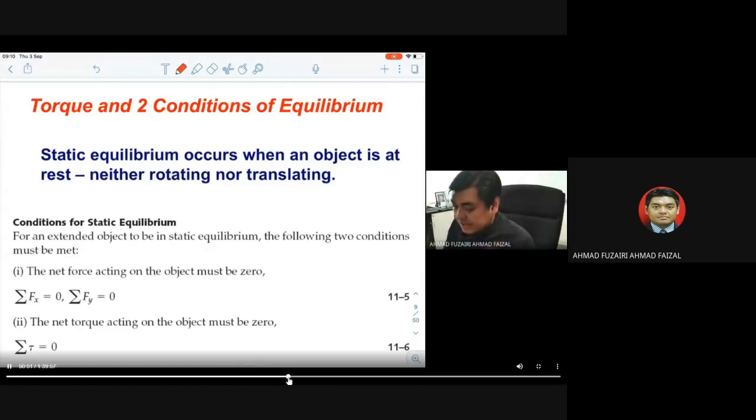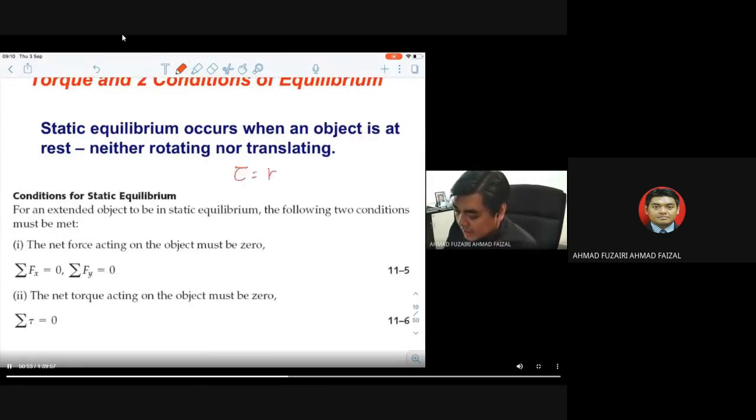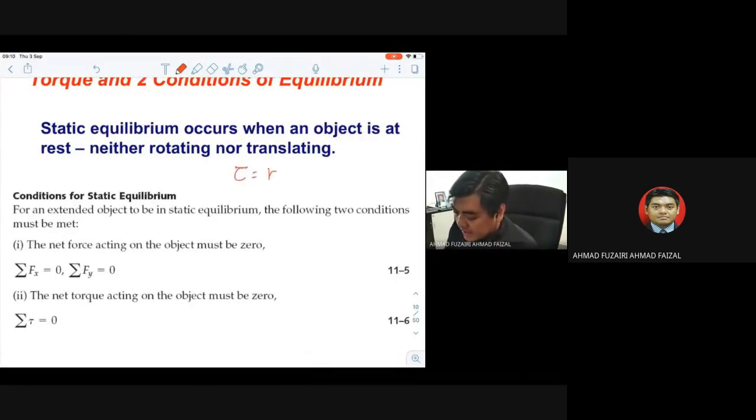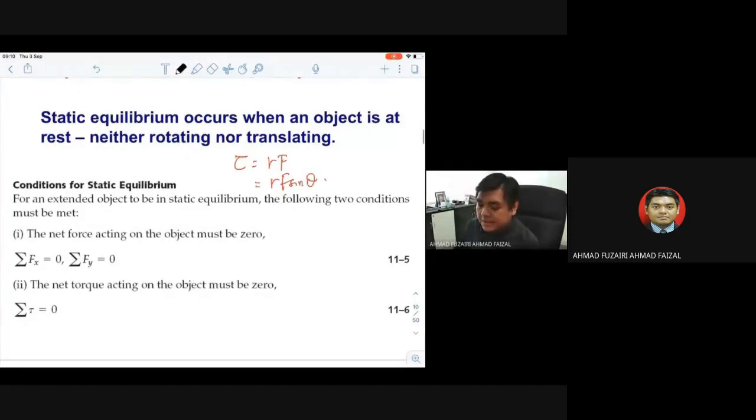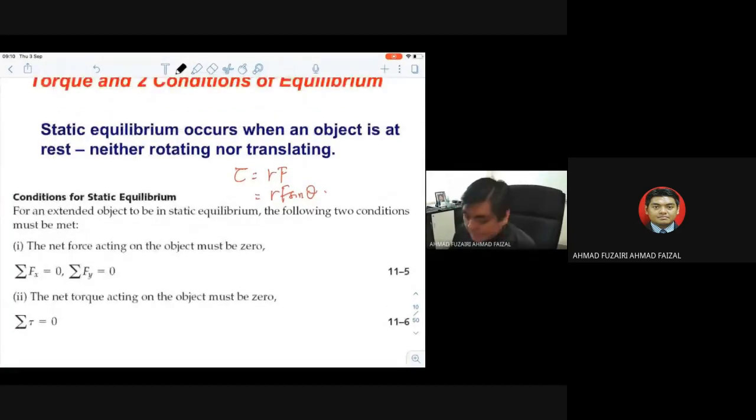So torque, you already learned, is equivalent to rF sine theta. So the conditions of static equilibrium. Before this, in force, we learned the summation of Fx equals 0 and the summation of Fy equals 0.